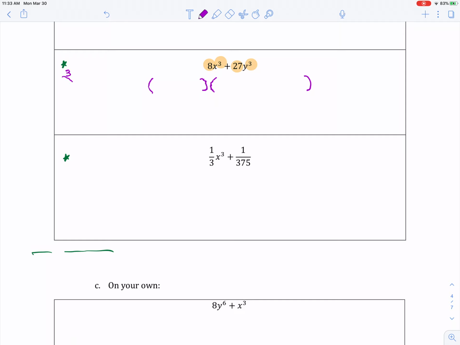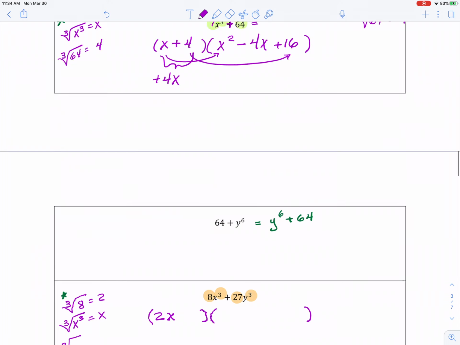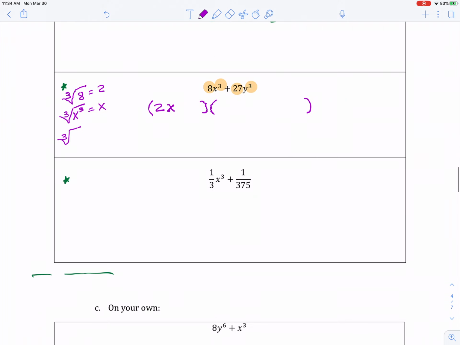The cube root of 8 is 2. The cube root of x cubed is x. The cube root of 27 is 3. And the cube root of y cubed is y.